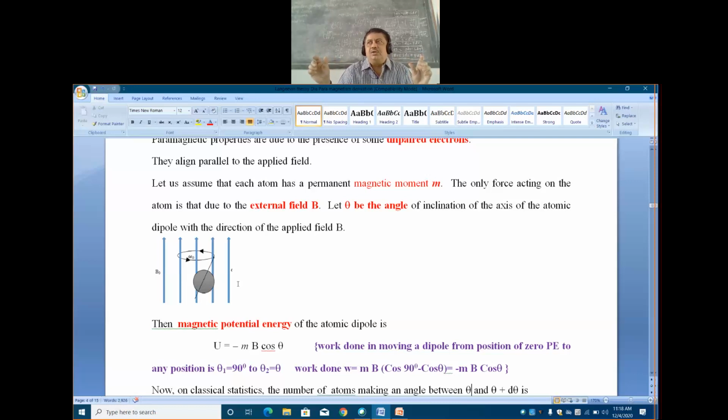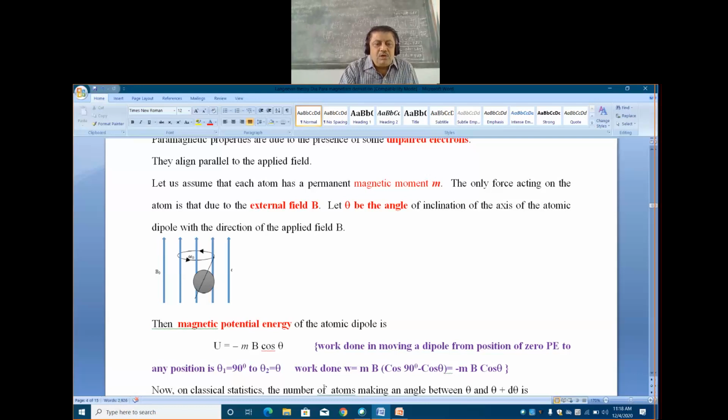Cos 90 is 0, so the work done, which is the energy, is equal to minus mB cos theta.